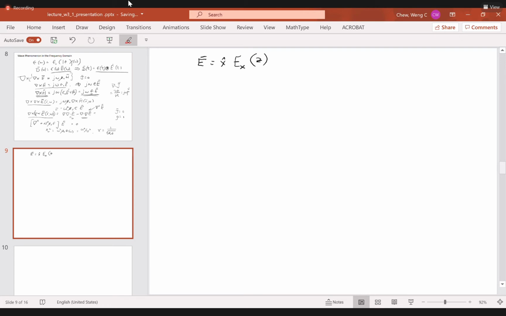There's no x variation, there's no y variation. So the Laplacian that we have in the previous equation just becomes partial squared, partial z squared. If we go back to this equation that we have derived, this equation is also called the Helmholtz wave equation, or the Helmholtz equation.